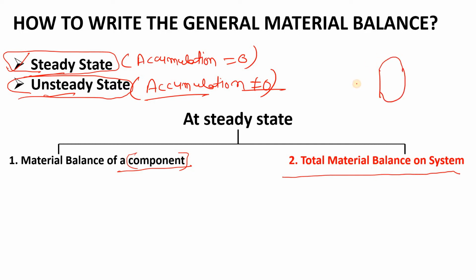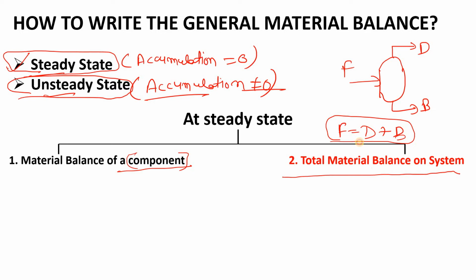Suppose it was my distillation column, so it was F, it was D, and it was B. So the total material balance will be F is equal to D plus B.